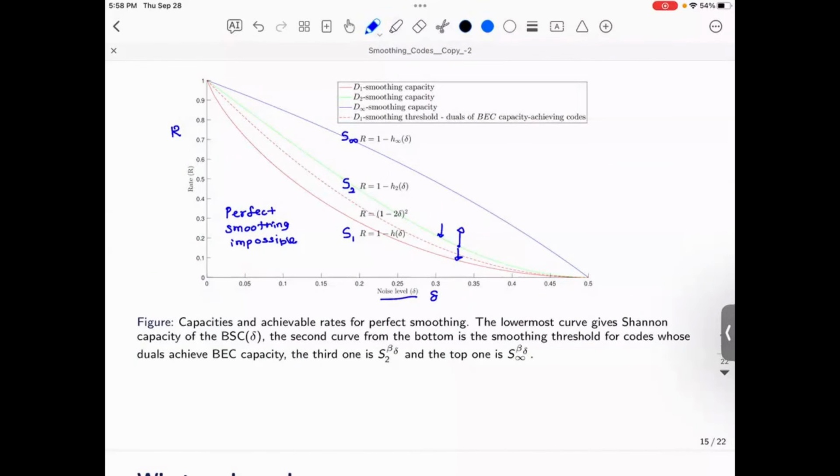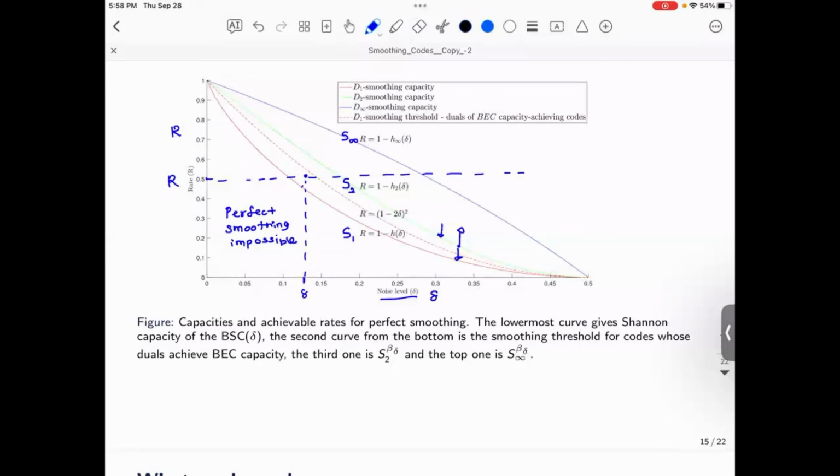So let's say you have a sequence of codes whose duals achieve capacity in the erasure channel, and it also has a good scaling of the dual distance. Let's say you choose a sequence of codes whose rate is converging to R, and their duals achieve capacity in the erasure channel. If it also has good dual distance scaling, when you apply something like delta here, then it lies above this curve.